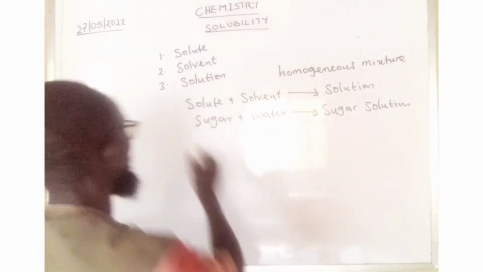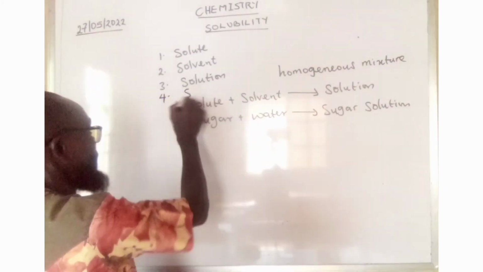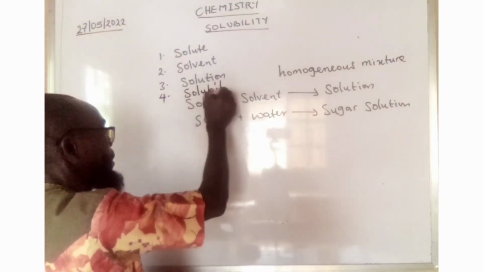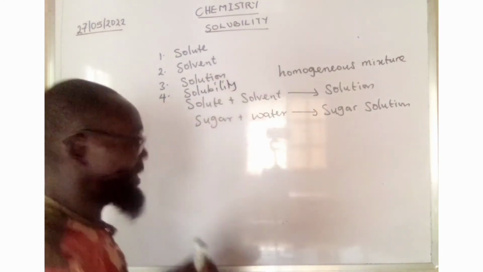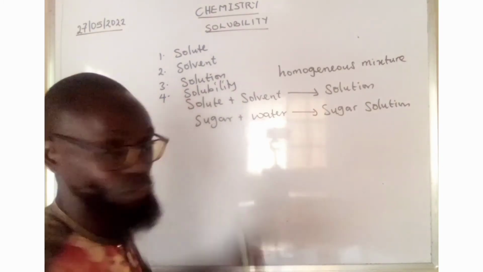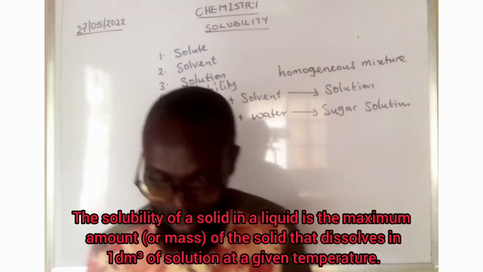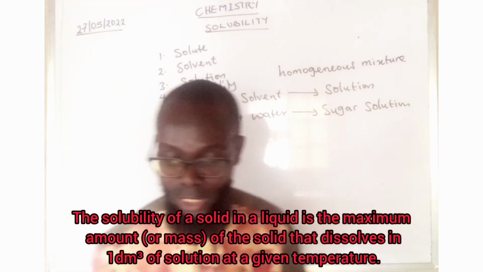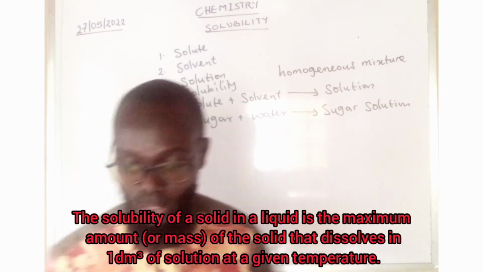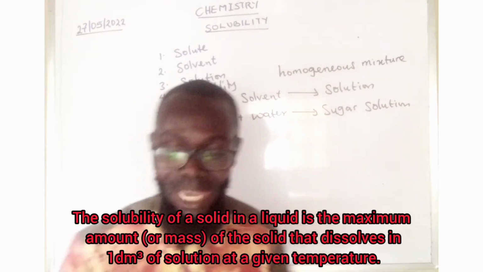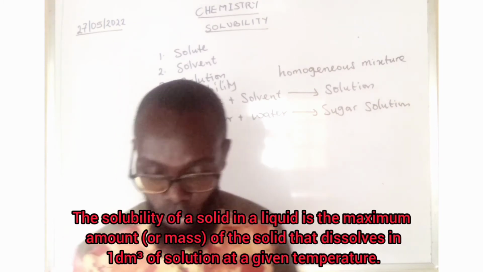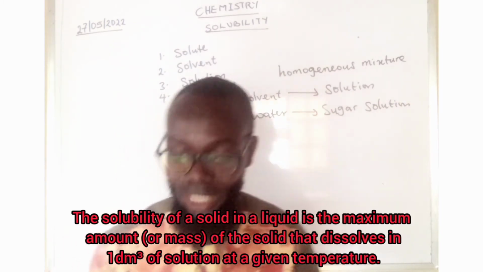Number 4, we thought is solubility itself. As we said, solubility comes from the word soluble, to dissolve. So solubility of a solid in a liquid is the maximum amount of the solid that dissolves in 1 dm cube of solution at a given temperature.